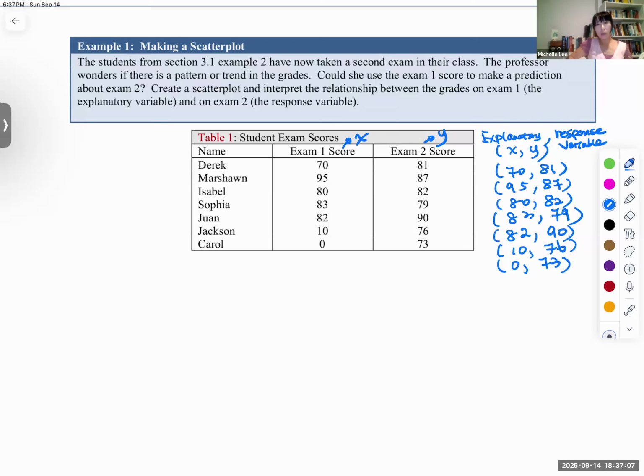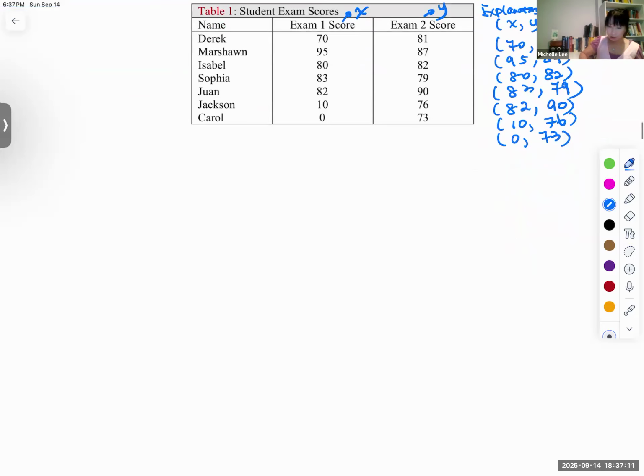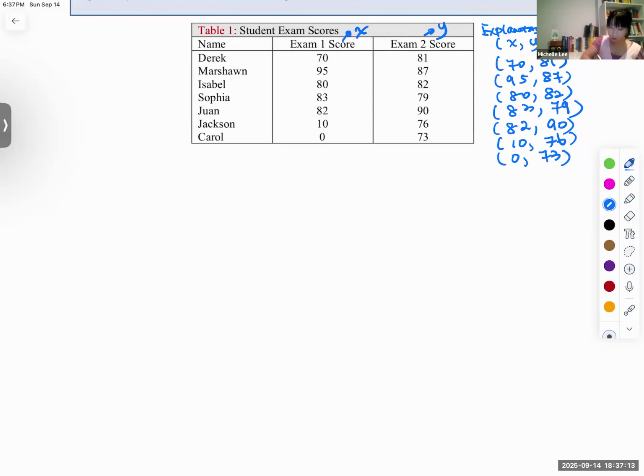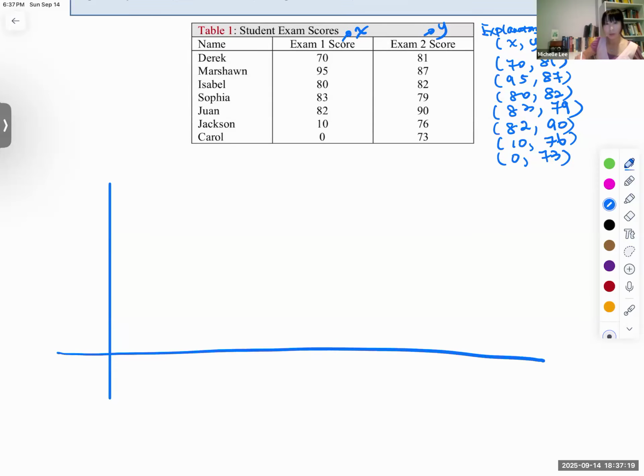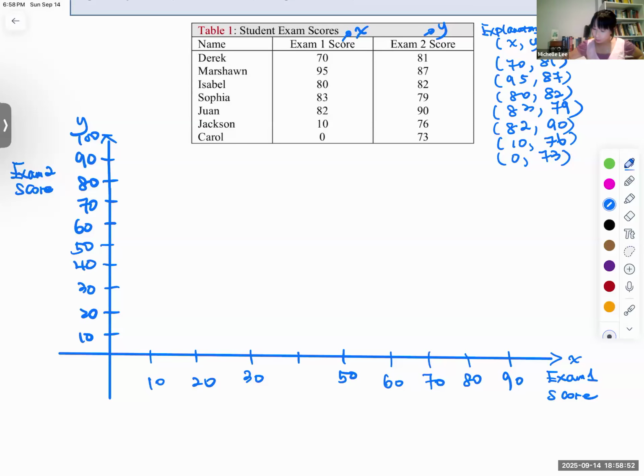Okay. Now I want to draw two dimensions, X and Y, right? Let me make a scale here. All right, I made a scale. So let's plot the points.